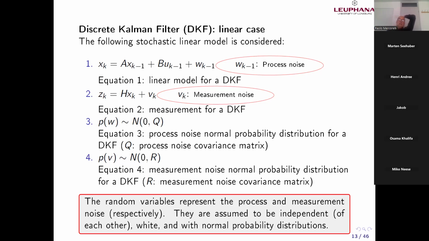Again, the probability distribution of the variable W is a normal distribution with mean value 0 and given covariance, which must be known.